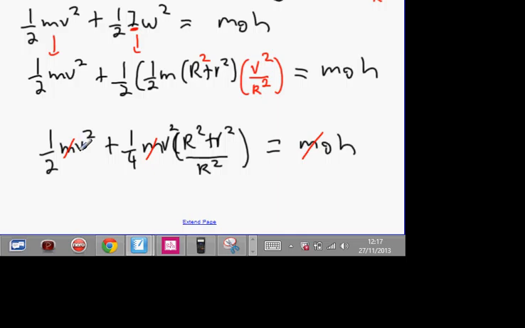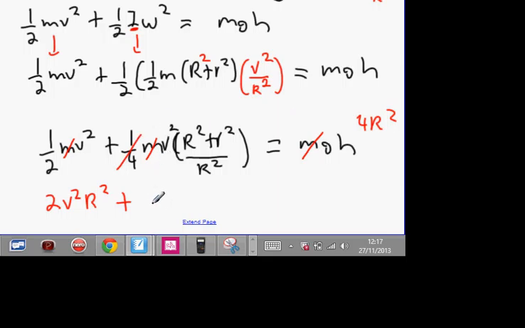Now, we could do it getting rid of that fraction, okay? So let's multiply both sides by 4R squared. 4R squared gets rid of everything. So we're going to have 2v squared R squared. Then we're going to get rid of that quarter by multiplying by 4.